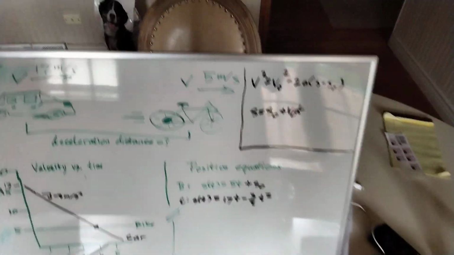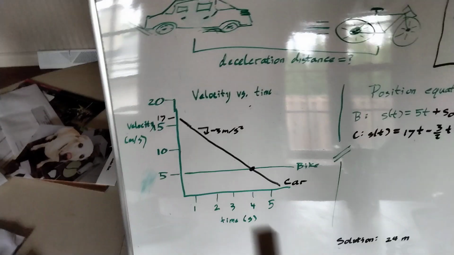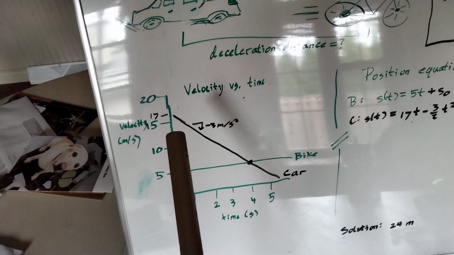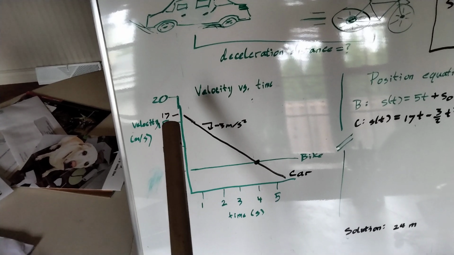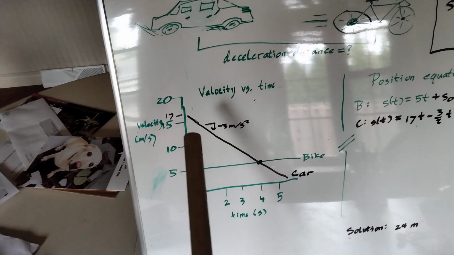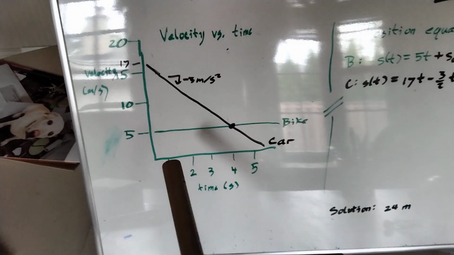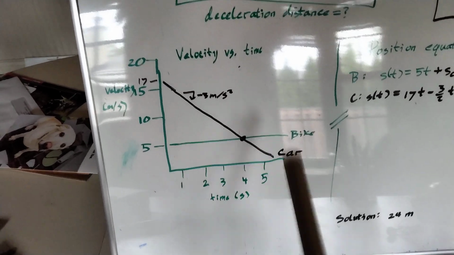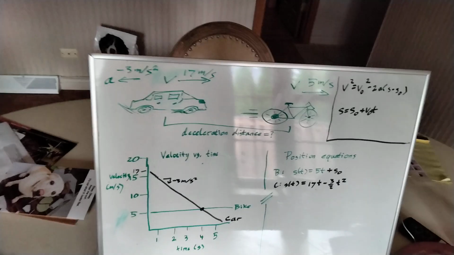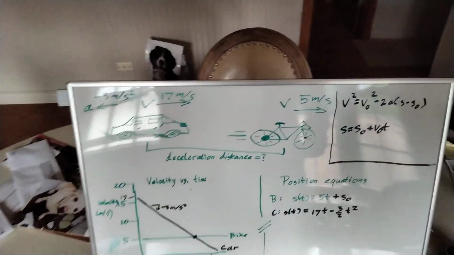Just to show that, you'll have the car's velocity beginning at 17 and slowly decreasing, and the bike stays constant, and it'll intersect at some point, and that will be your time.